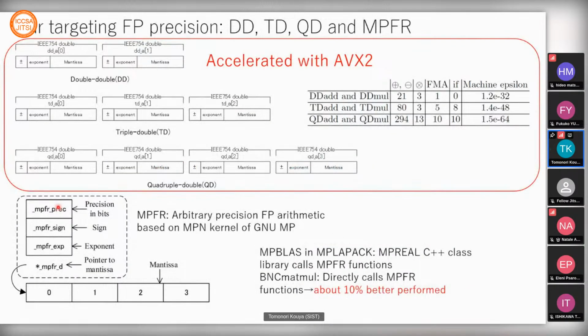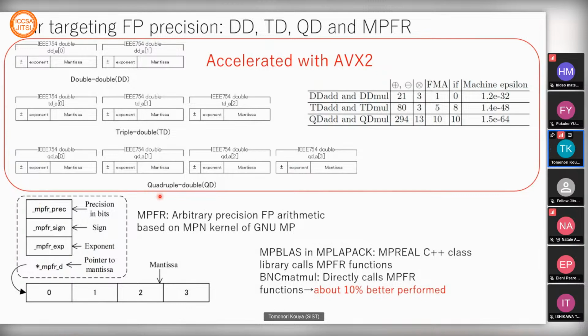This slide shows our targeting floating point precision: double, triple double, quadruple double, and MPFR arbitrary precision arithmetic. These three kinds of fixed precision can be accelerated by using AVX2 instructions.